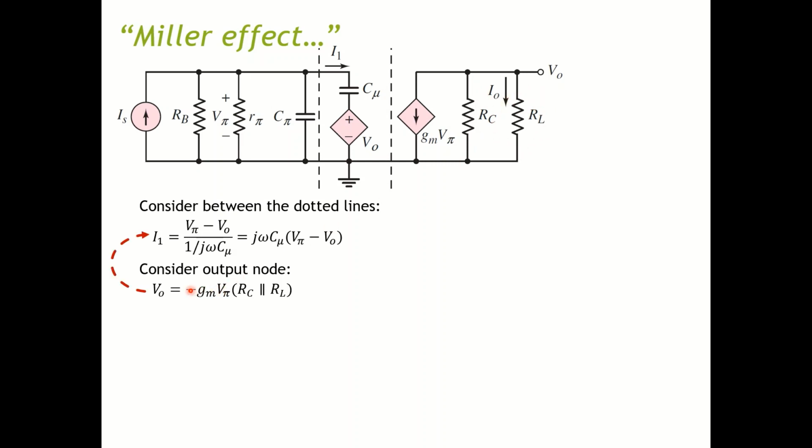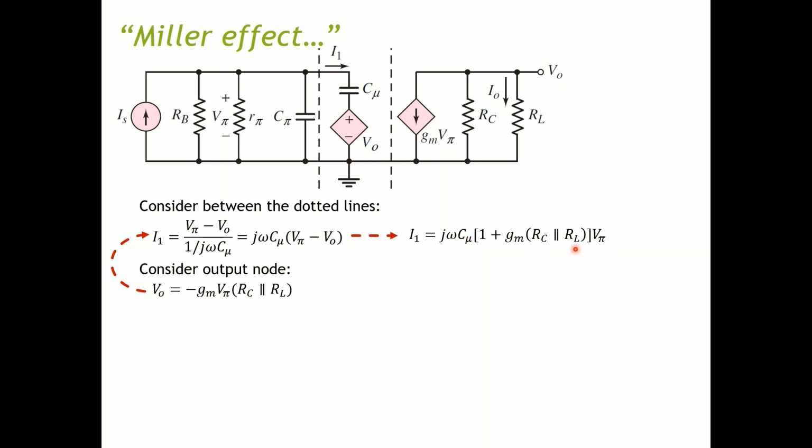Now if you plug this equation back into the previous equation, replacing VO with negative gm V pi RC parallel RL, you have this equation here after all of the magical arrangement. Take a minute to look at this equation.